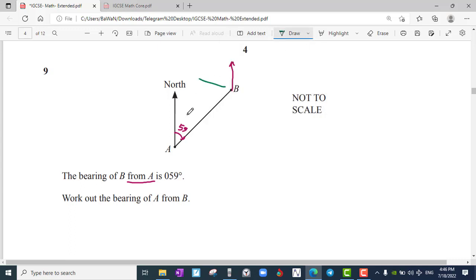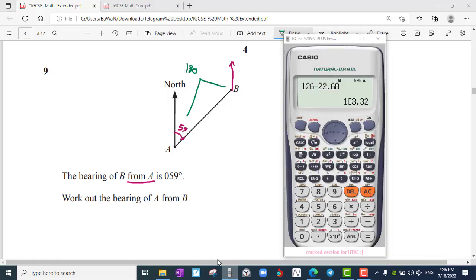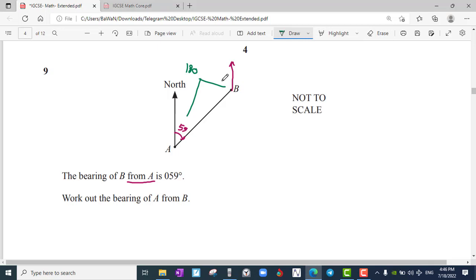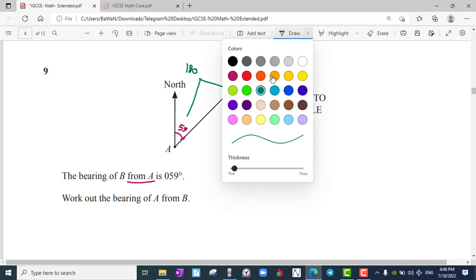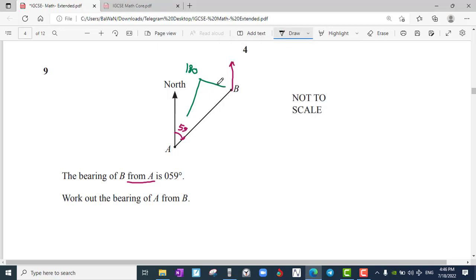These two angles add up to 180. This angle is 59, so 180 minus 59 is 121. So this angle here is 121 degrees.